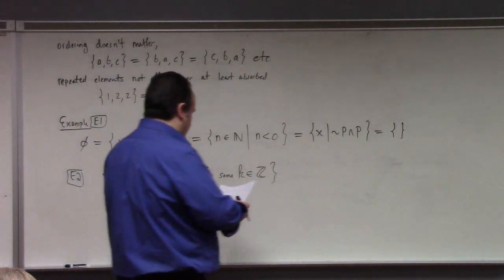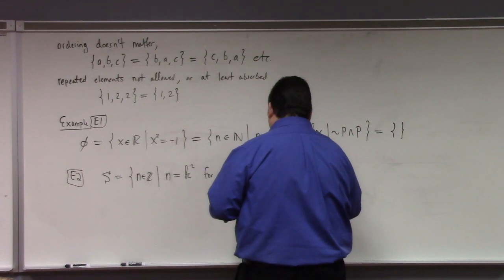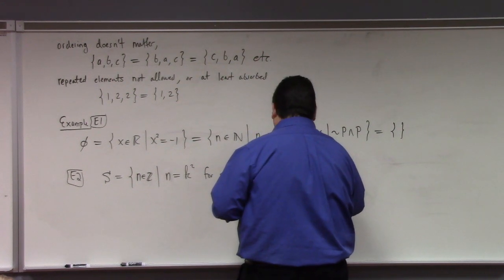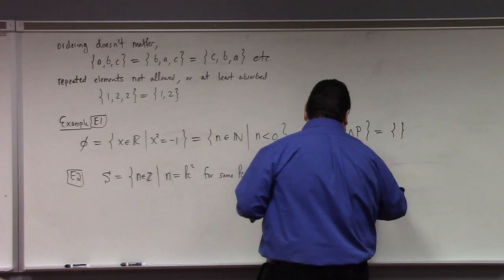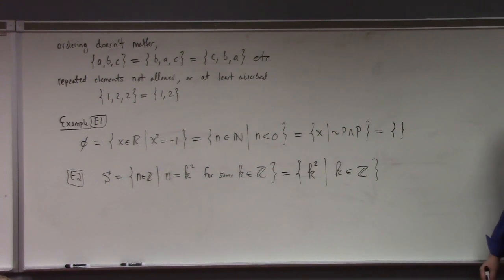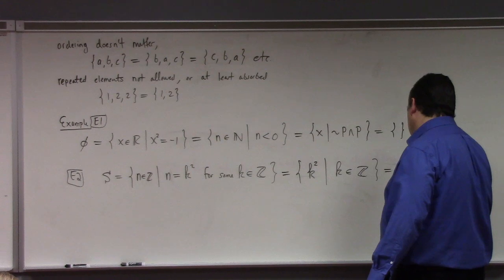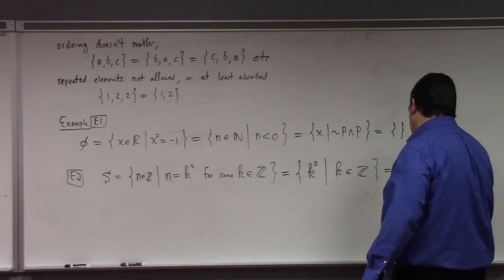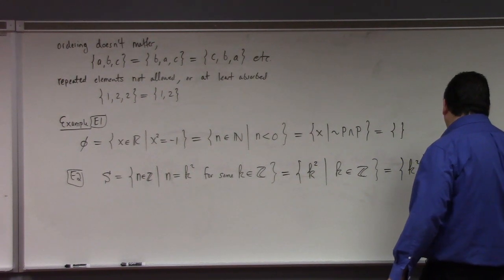But there's another way we could write this, and I do find this to be a useful way sometimes. We could also characterize this as k squared, such that k is an element of Z. And if you think about it for a second, you realize I could also characterize this as k squared such that k is an element of the natural numbers union with 0.